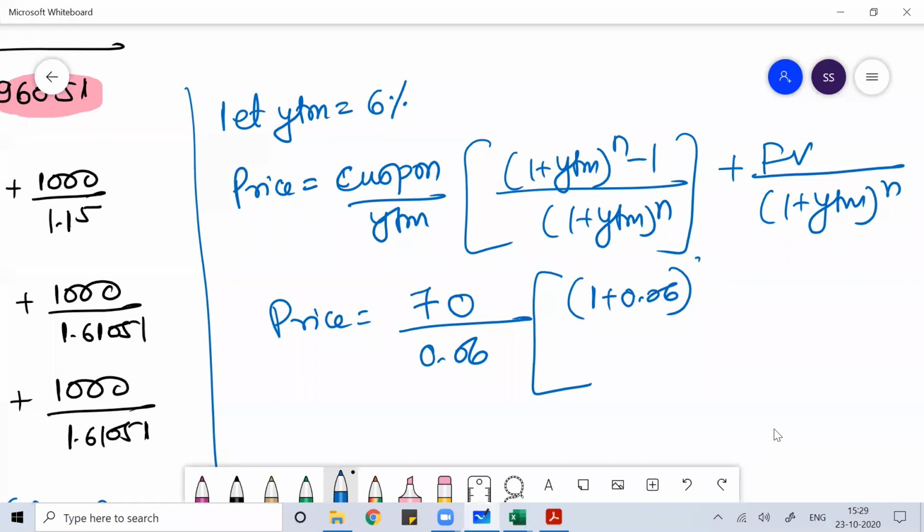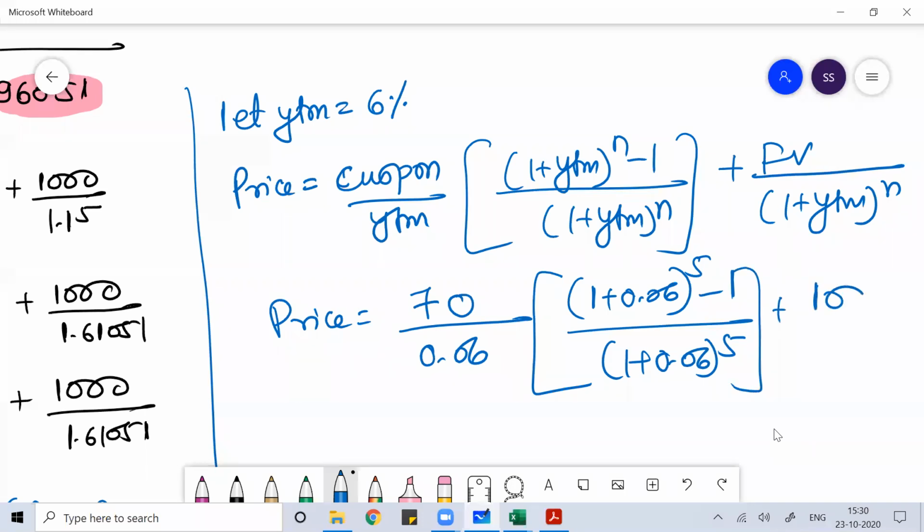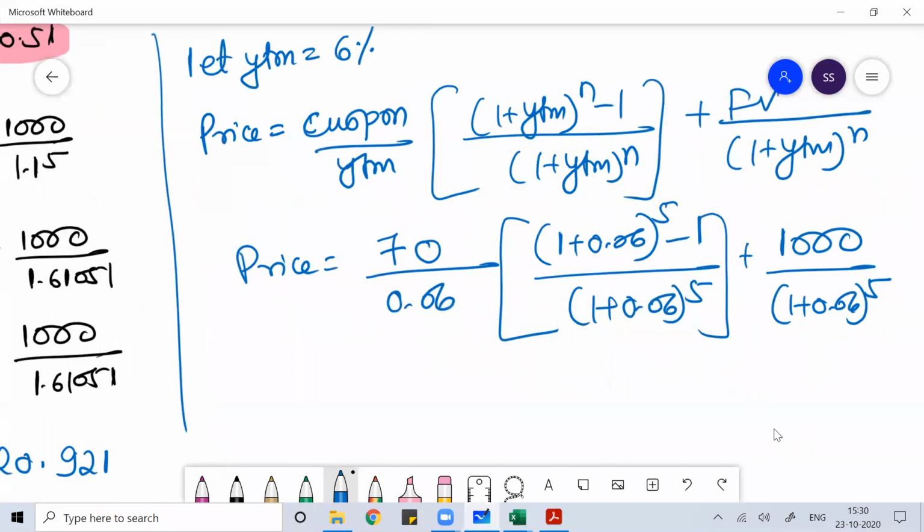Time is how much? 5 years, no? Clear everyone?